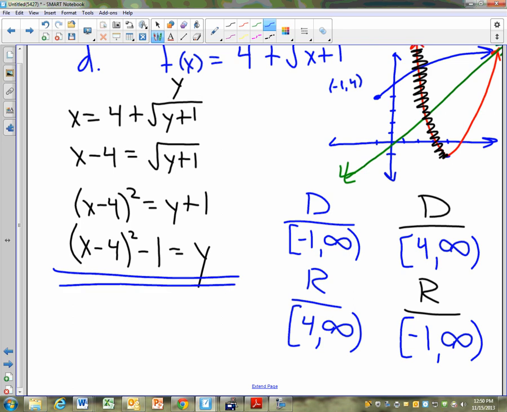It is 99.9% correct. The one problem is we have to restrict the domain. We have to say, we want to use this graph, but we don't want the whole thing. We just want to have a domain from 4 to infinity. We just want to talk about the graph from 4 on over. We don't want everything else. And that's that.